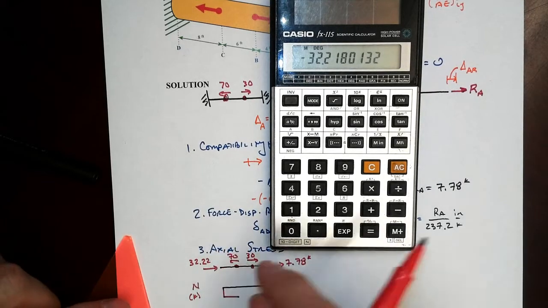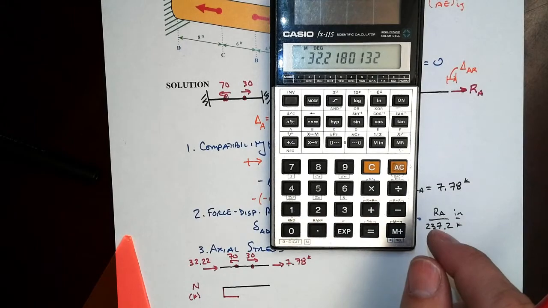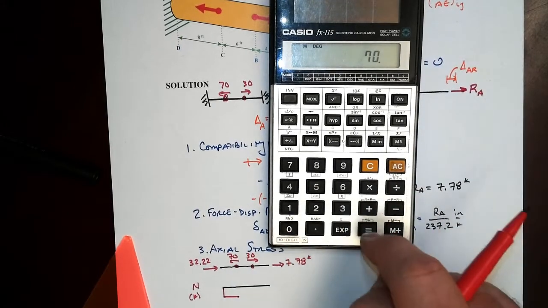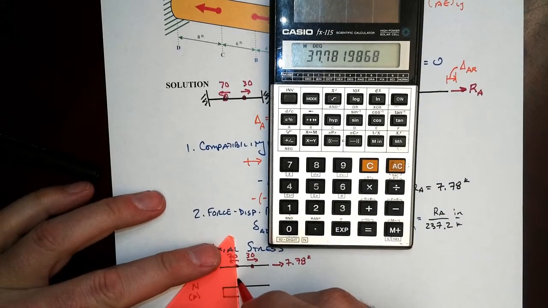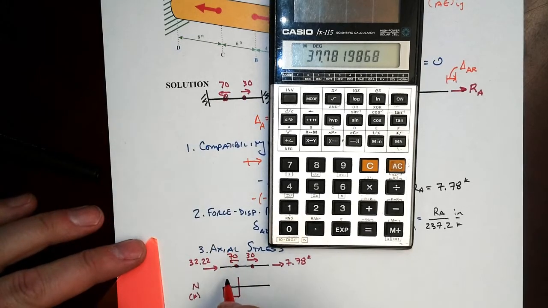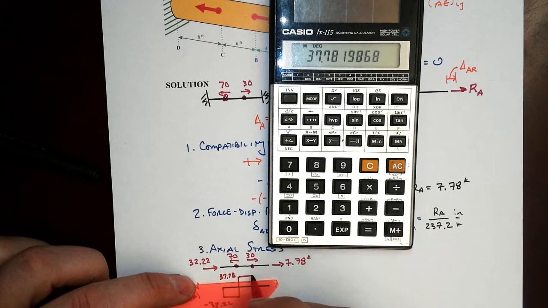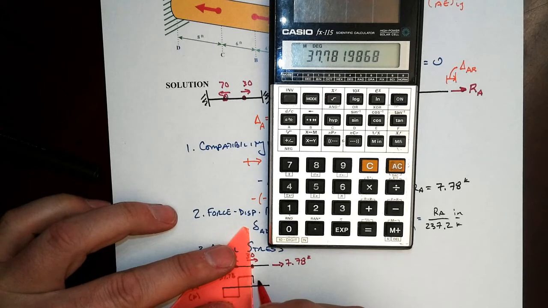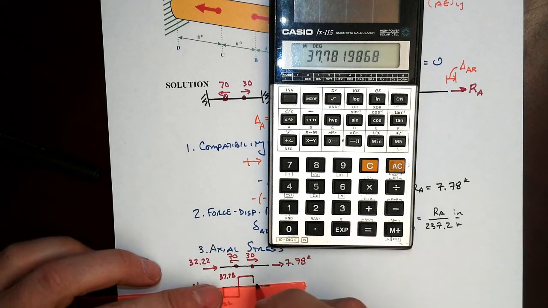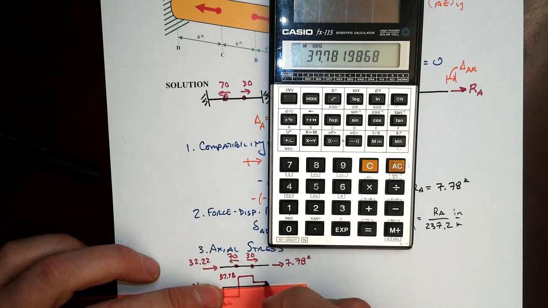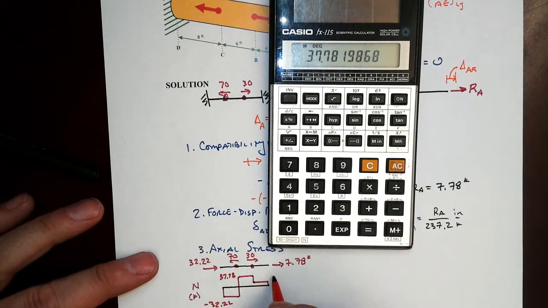We have that big 70 kick up to 37.78. So now we're in tension. Come over, and then we drop down by 30. This is like shear moment diagrams. And we're left at 7.78, and we close off right at 7.78, just like we should.